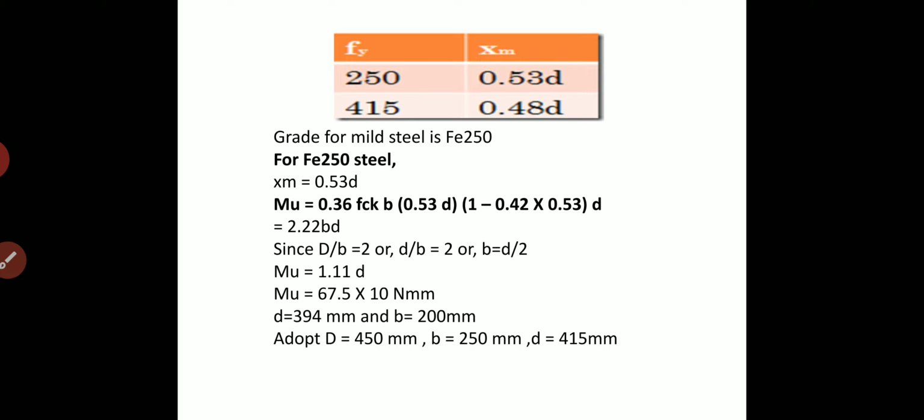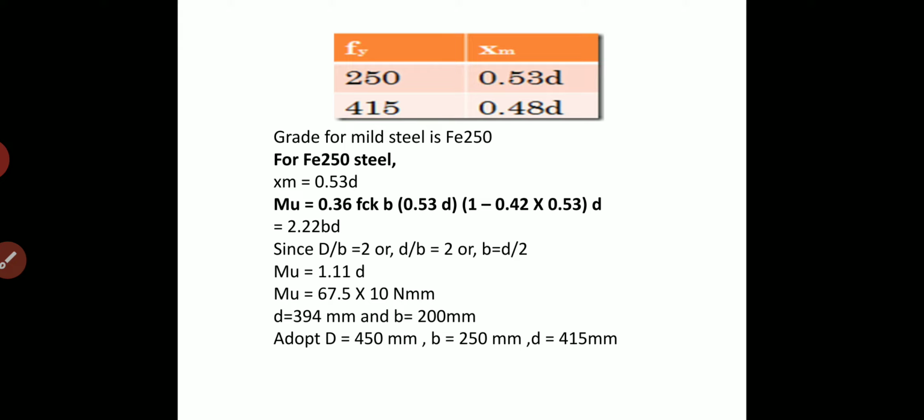Since D by B equals 2, from this equation we take the value of only one of B or D. So we take the value B, which from this equation equals D by 2, and put it in the Mu equation.